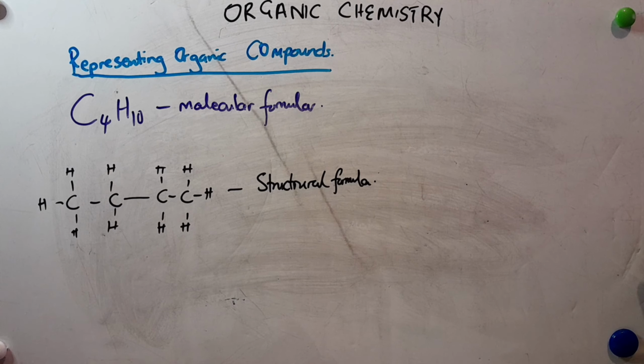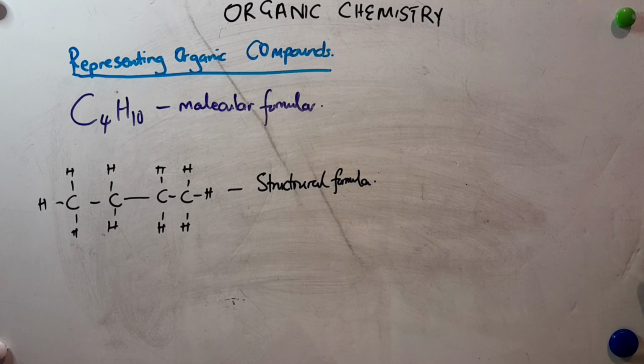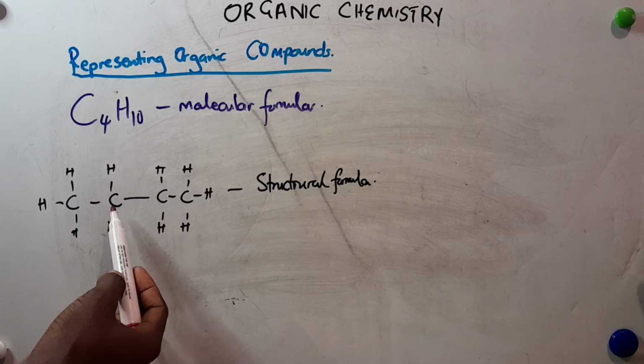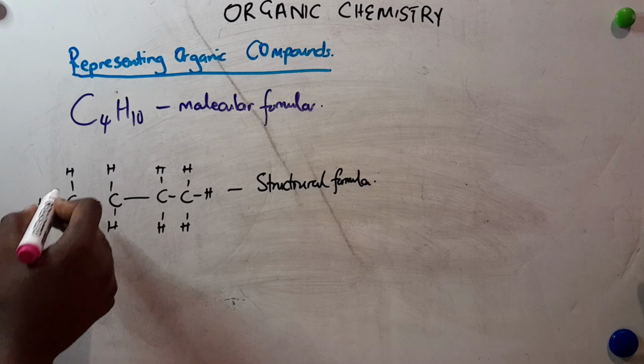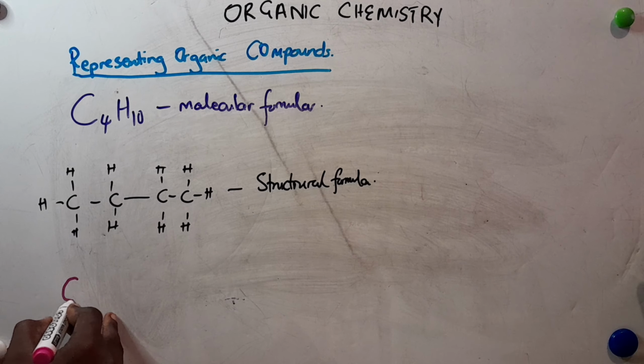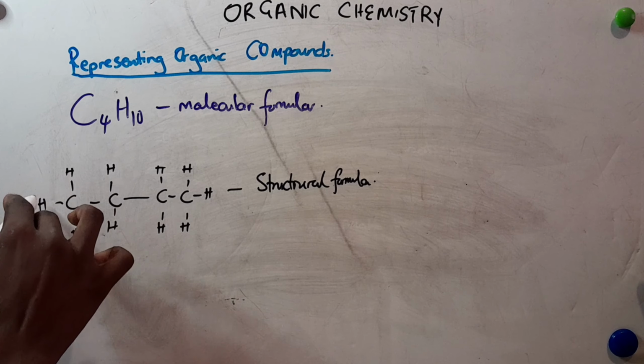The condensed structural formula. If you're trying to draw the condensed structural formula, it actually shows us each and every carbon and what it is bonded to, right? So we start with this first C. As you can see, this one is bonded to 3 hydrogens. Can you see that?